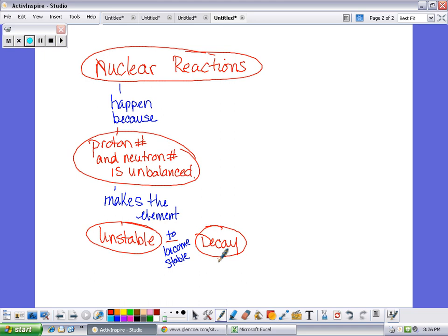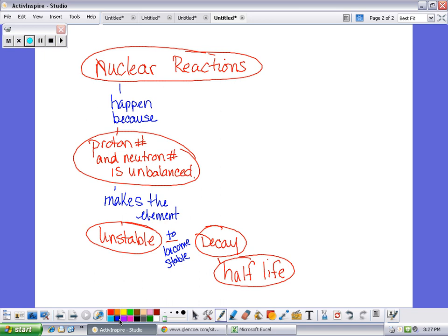And it will decay until it becomes stable, and sometimes it will go through alpha, beta, or even gamma decay, depending on what the element is. So the decay happens in a half-life.